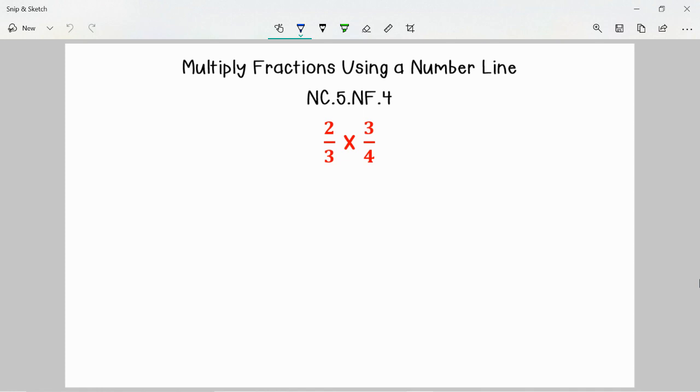To solve this on a number line, the first thing that I'm going to do is draw a number line. And I'm going to think about this as 2/3 of 3/4. So I'm going to start by showing 3/4.